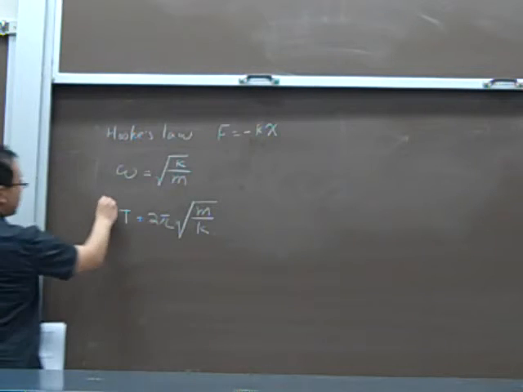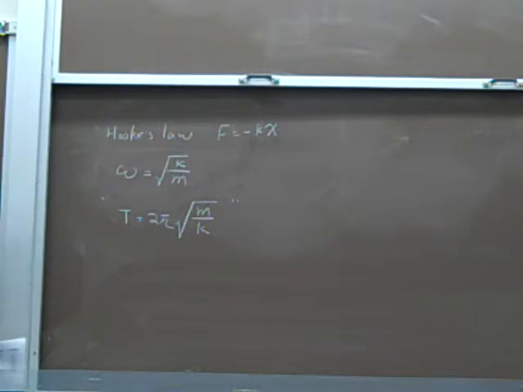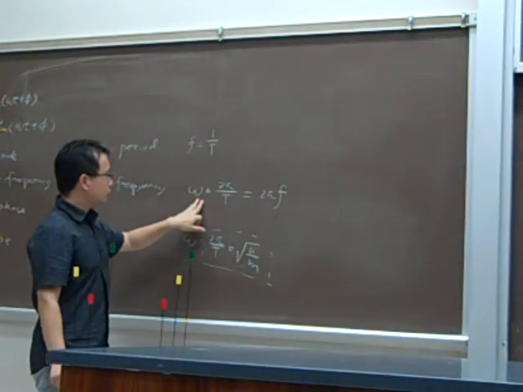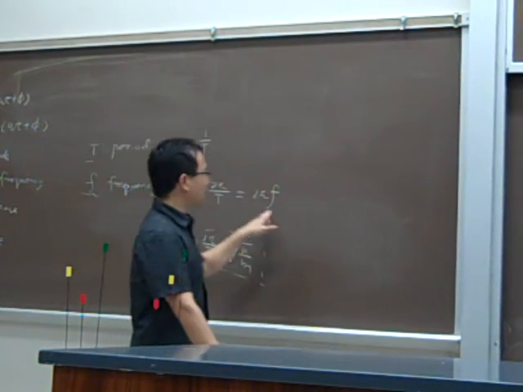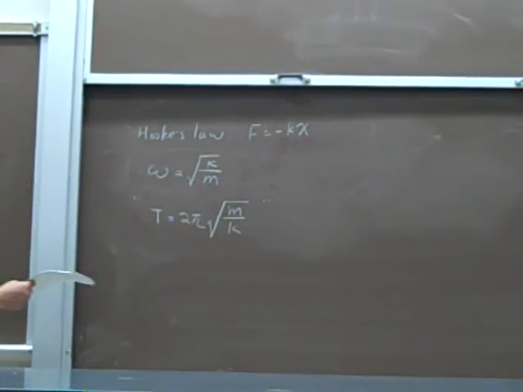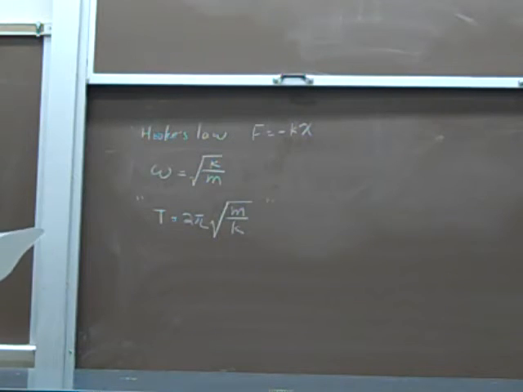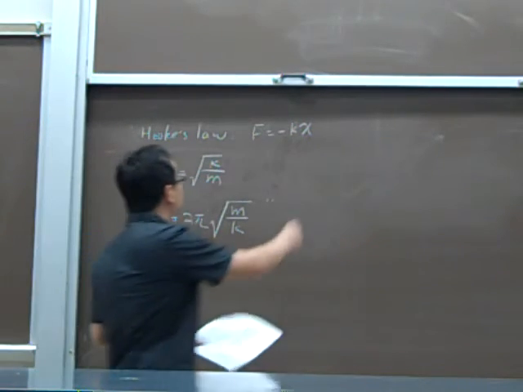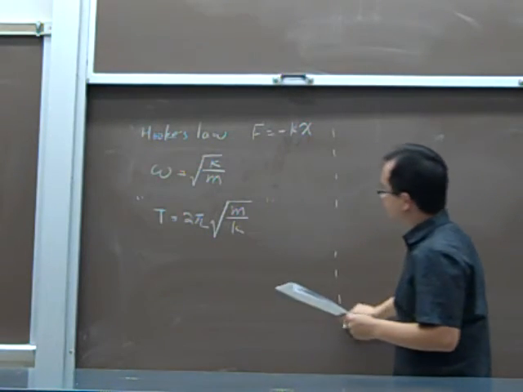But usually we don't memorize this kind of equation, because it's a combination of the earlier ones. What you need to know are the fundamental relationships between omega and T, omega and f, omega and k.